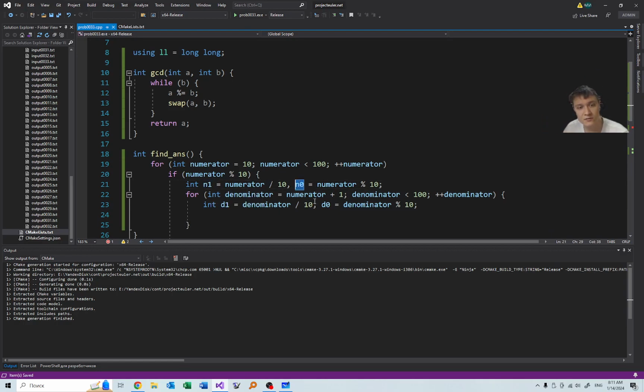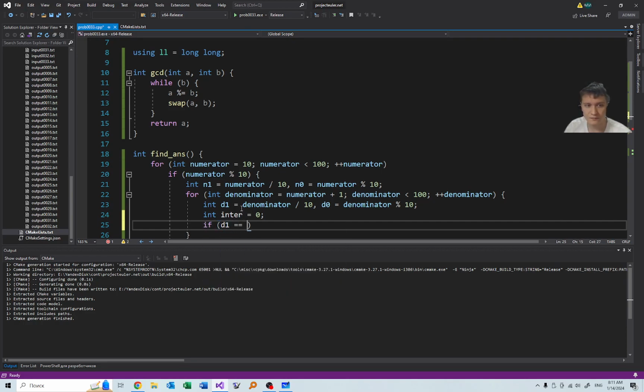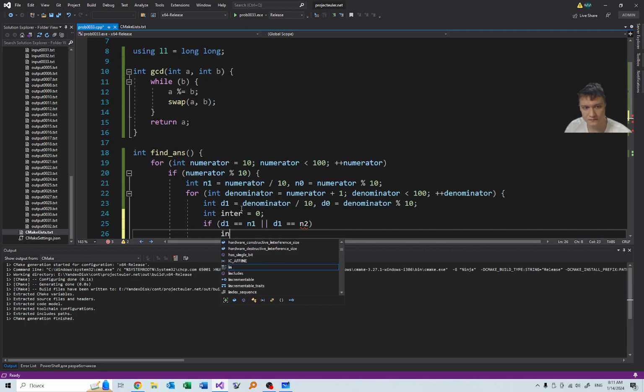Find the intersection of these two sets. Like int inter is 0. If d1 equals n1 or d1 equals n0, then inter is d1.